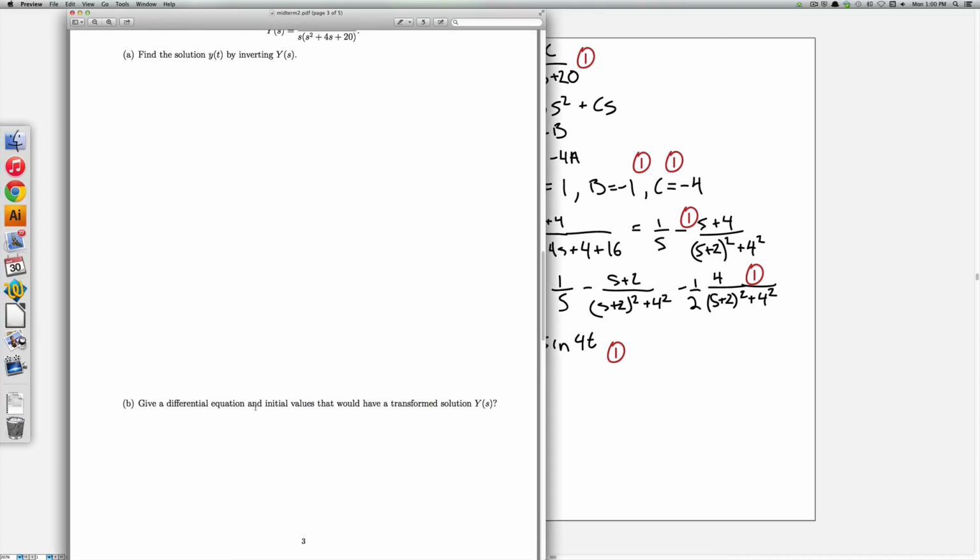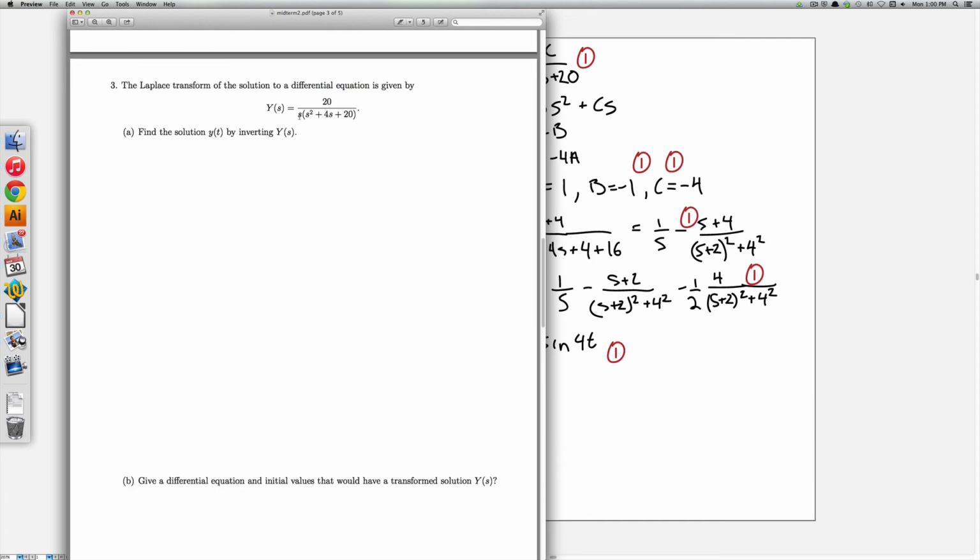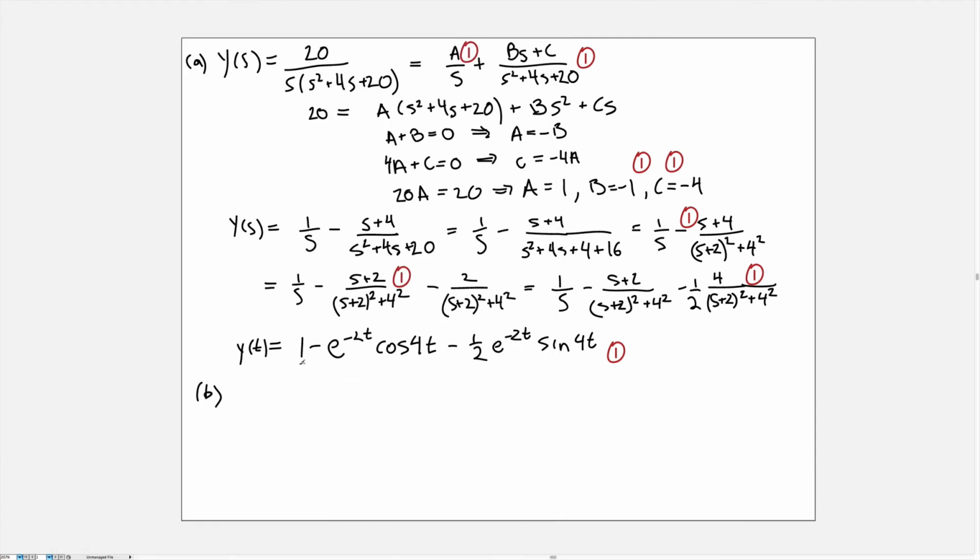So the first one is to assume that the s came from the transform of the right-hand side, and the s squared plus 4s plus 20 came from the transform of the left-hand side. So that means that you initially had y double prime plus 4y prime plus 20 times y equal to 20.